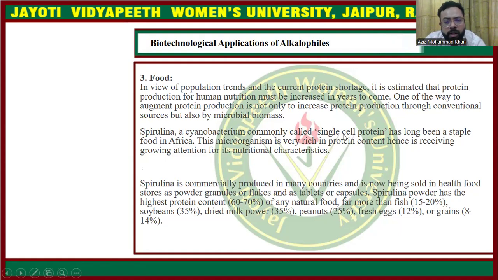An example of a protein-producing microorganism is spirulina. Spirulina is an alkalophilic microorganism, a cyanobacterium commonly known as single cell protein, and it is a staple food in Africa. This microorganism is very rich in protein content.